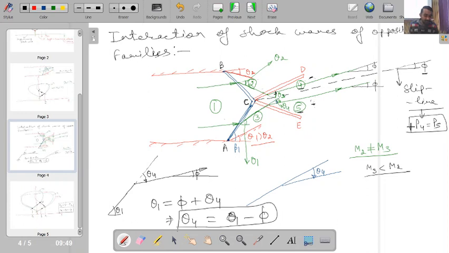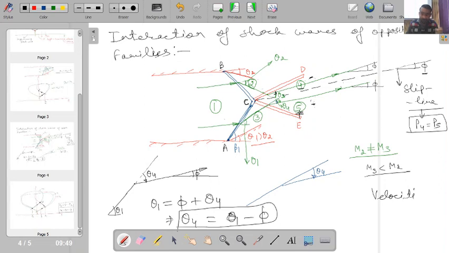Because we want this slip line, this discontinuity, to be a straight line, and this will be a straight line if and only if P4 is equal to P5. Up to this point, is it clear? Then another interesting fact is that both of these regions should have velocities in the same direction.